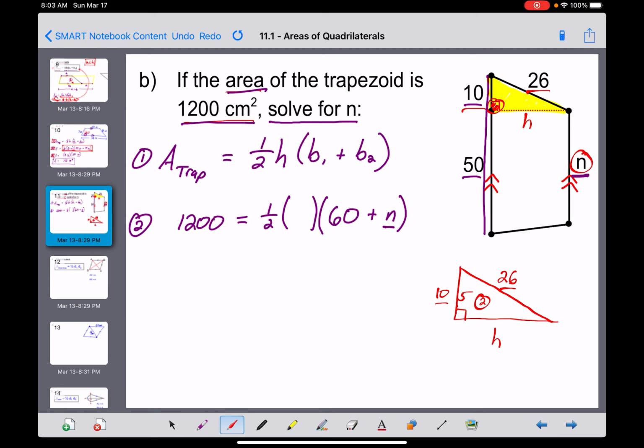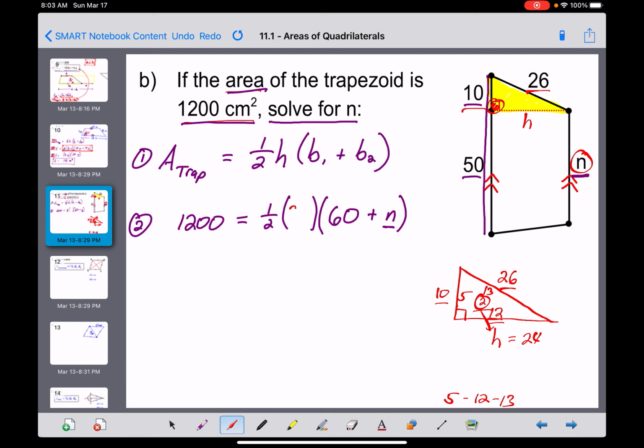Dividing that out, that's a 5 right here, a 13 right here, and now I recognize this as a 5, 12, 13 right triangle where everything is being doubled. So I'd put the 12 right there inside the triangle and then multiply out. 2 times 12 means that h has to be 24.